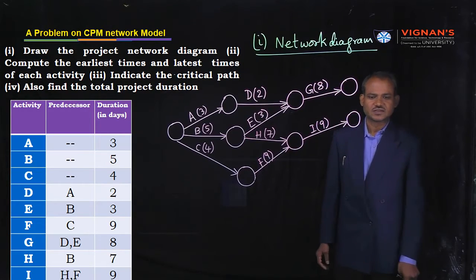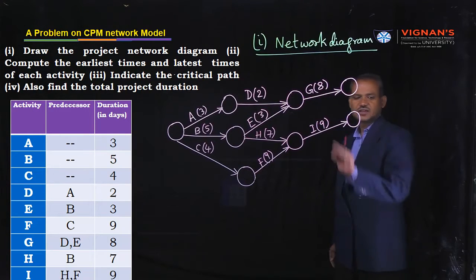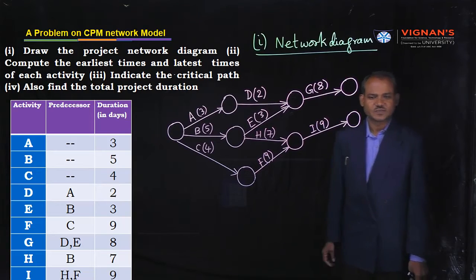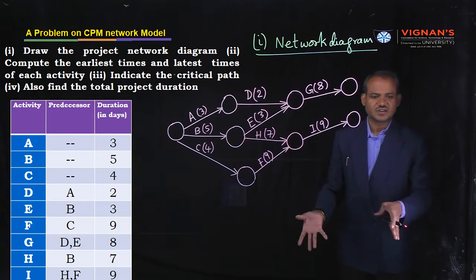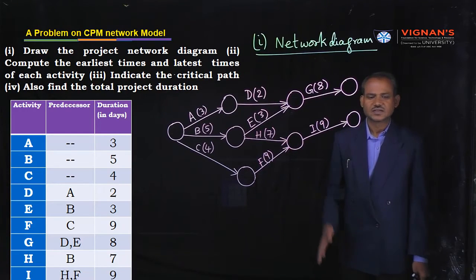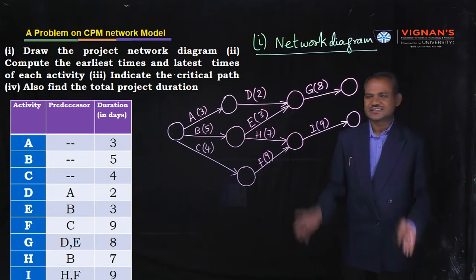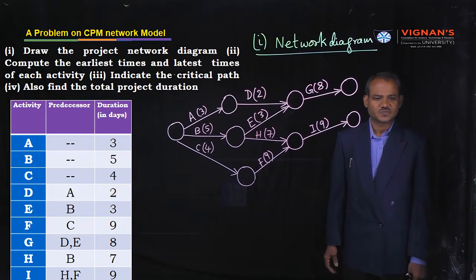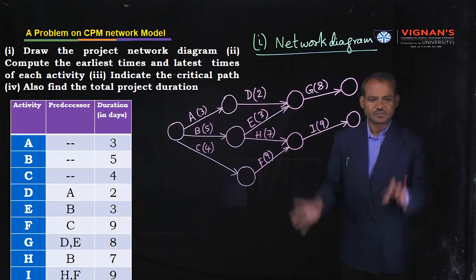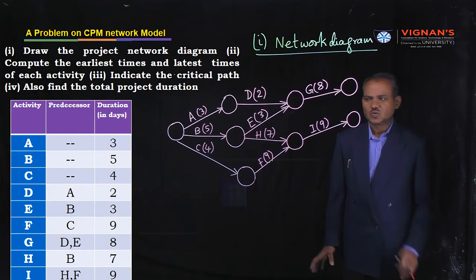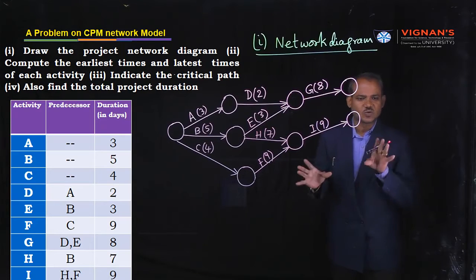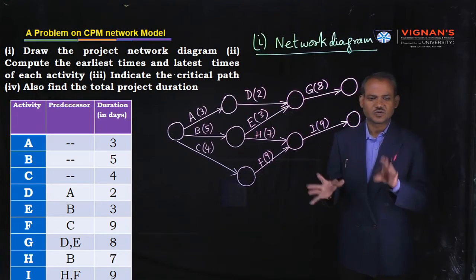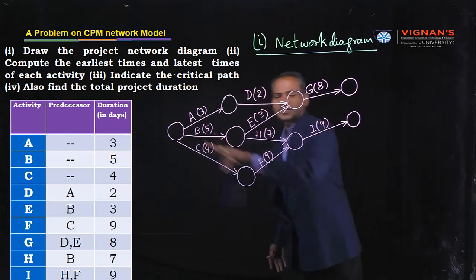Okay, are you following? Right. Now observe the diagram. All activities are completed, but this network is incomplete. Why is it incomplete? Because the entire network diagram should have only one starting node. So this is the starting node.